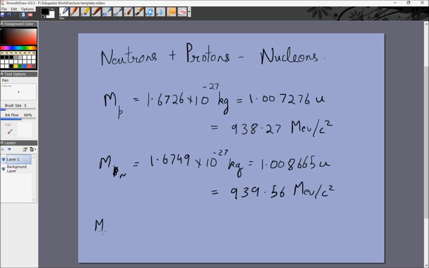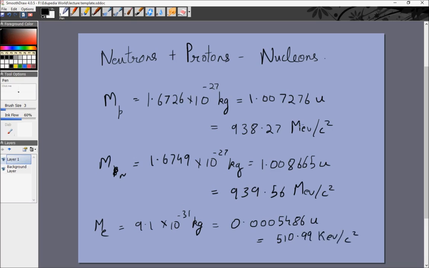And the mass of an electron is 9.1 into 10 to the power minus 31 kg, much smaller than the mass of either the proton or the neutron, which is also equal to 0.000548 U, and which is also equal to 510.99 keV per c square.